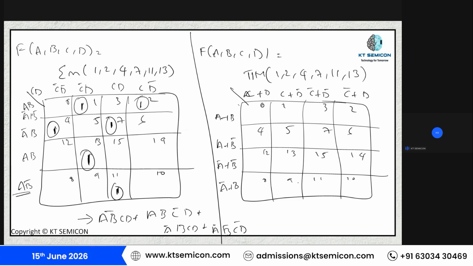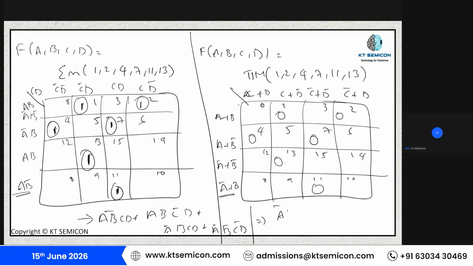Okay. And on the right hand side, I'm going to mark the zeros: 0, 0, 0, 0, 0 and 0, right? So if I group them, then what I'm going to get is simply, what is the common term over here?